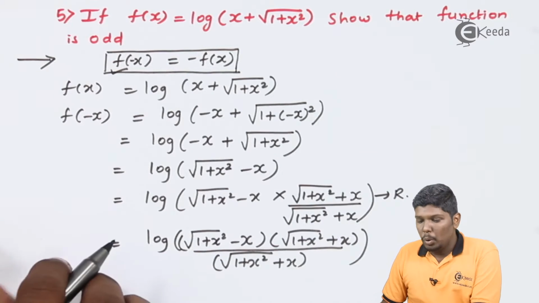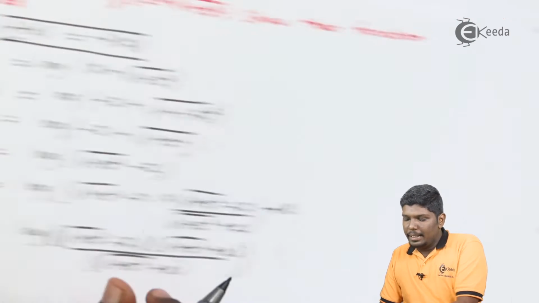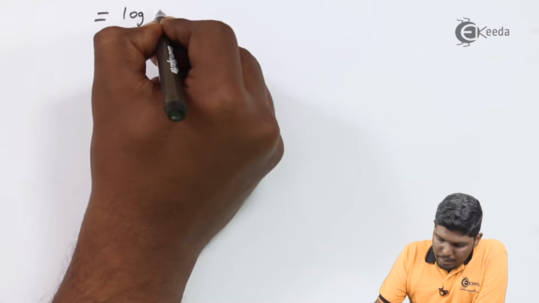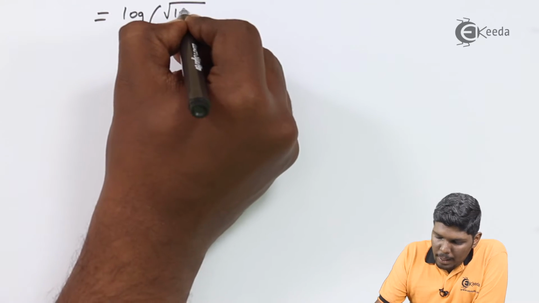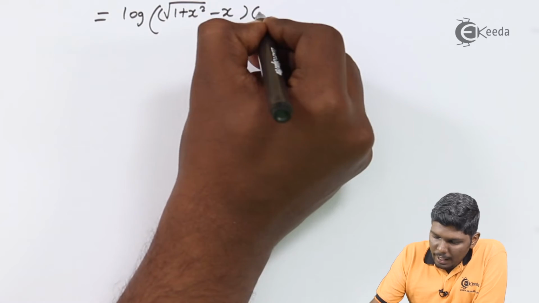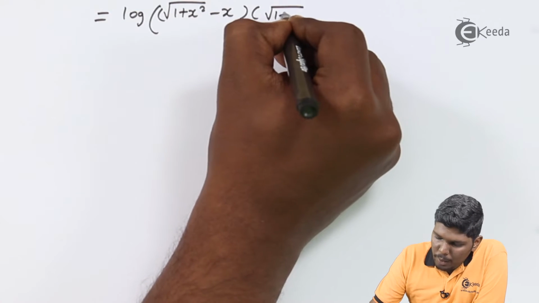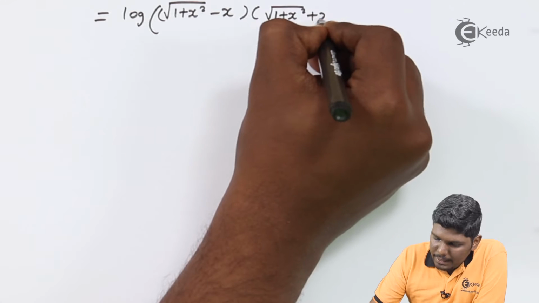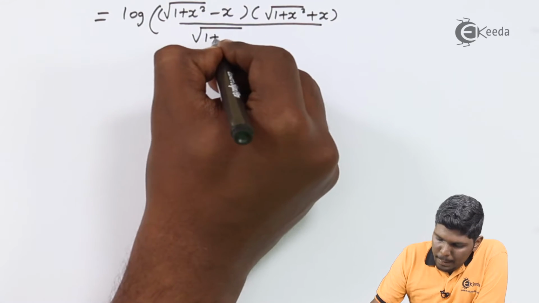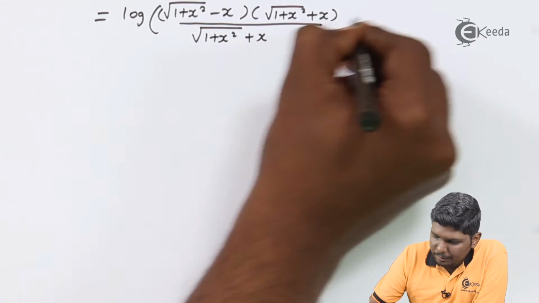Okay, so let us see the next step. The previous step was log of under root 1 plus x square minus x into under root 1 plus x square plus x upon under root 1 plus x square plus x.